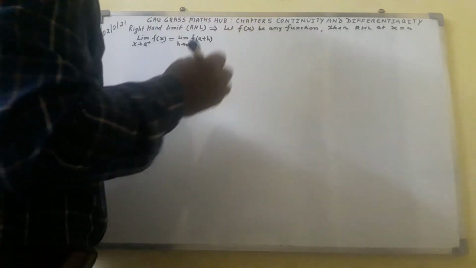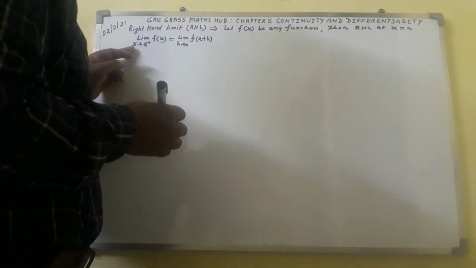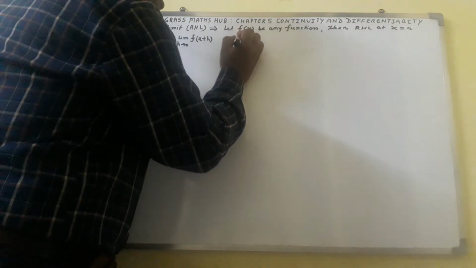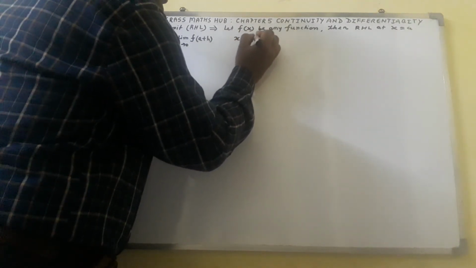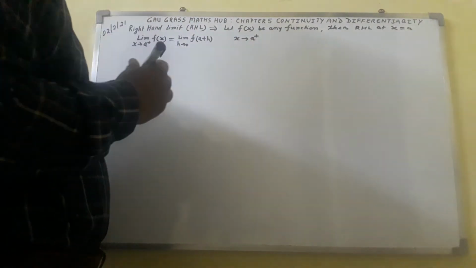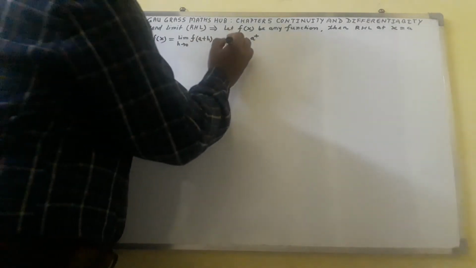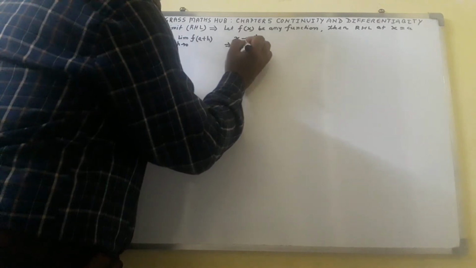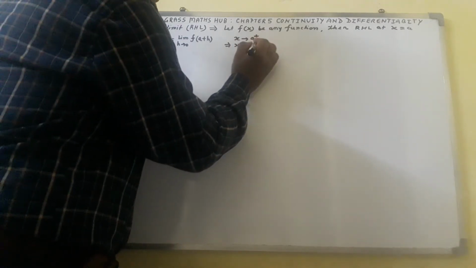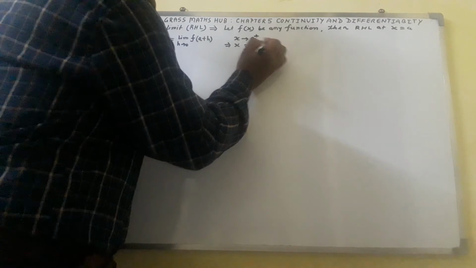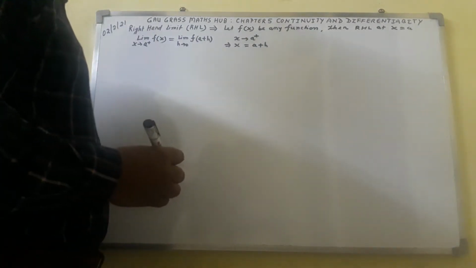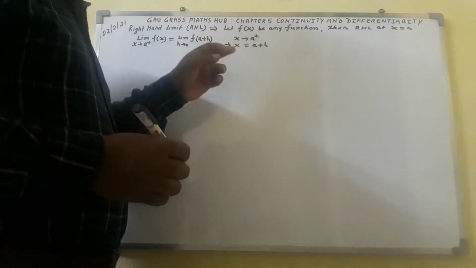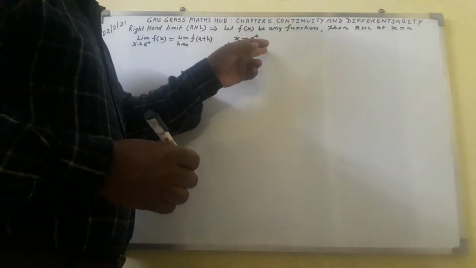Let us see. Here it is written x tends to a positive. So write x tends to a positive, imply that x tends to a plus h. X tends to a positive imply that x equal to a plus h.